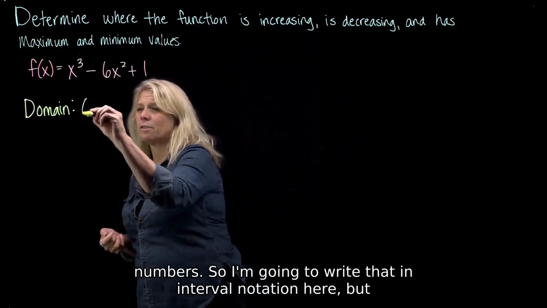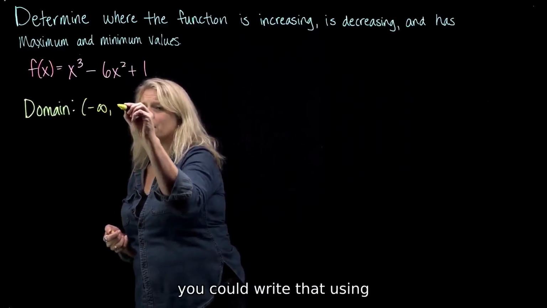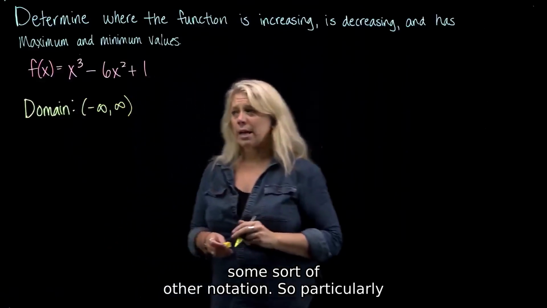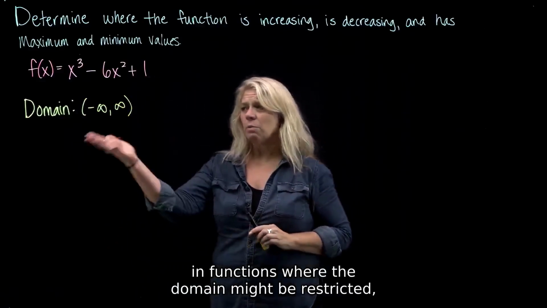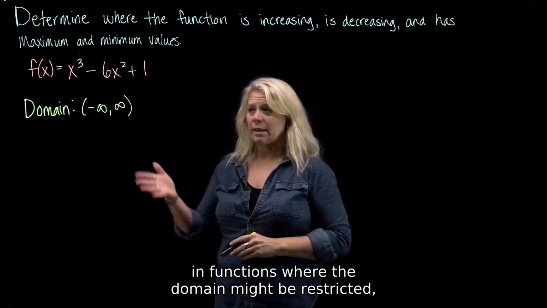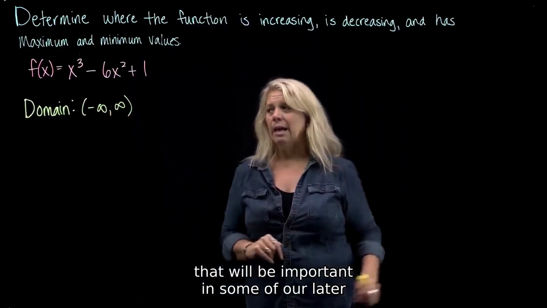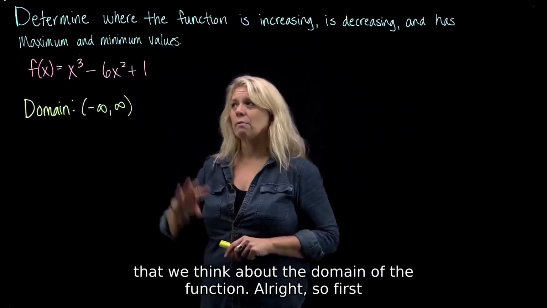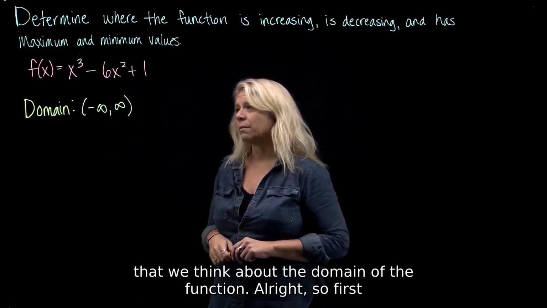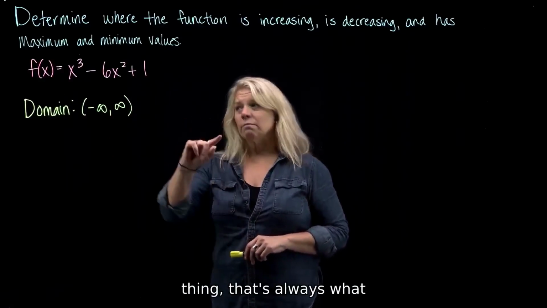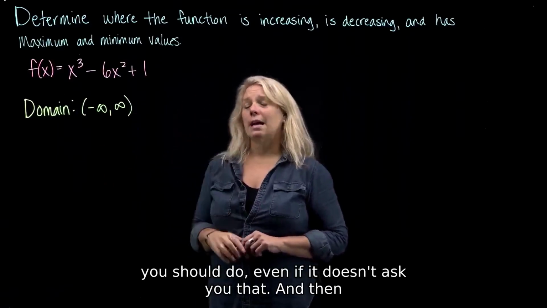I'm going to write that in interval notation here, but you could write that using some other notation. Particularly in functions where the domain might be restricted, that will be important in some of our later steps. But it is helpful here to make sure that we think about the domain of the function. First thing, that's always what you should do, even if it doesn't ask you that.